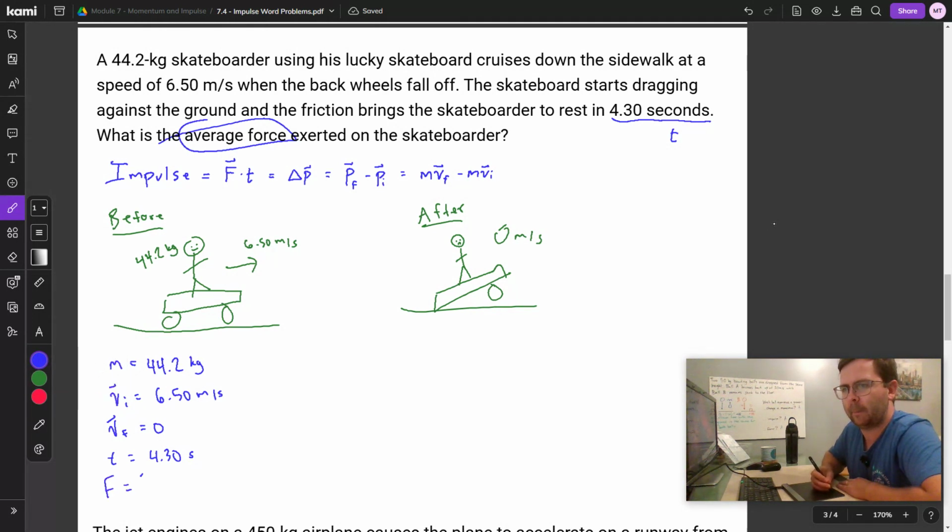Okay, so now we go about solving for the force. That's what we need. To solve for the force in these kinds of situations, we're definitely going to be using the only quantity that has force in it. So I'm going to choose force times time, and I'm going to set that equal to something else. I need to choose what to set it equal to based on the other information I have. I could set it equal to delta P, but I would have to work out what delta P means, and I would eventually just get to this one right here.